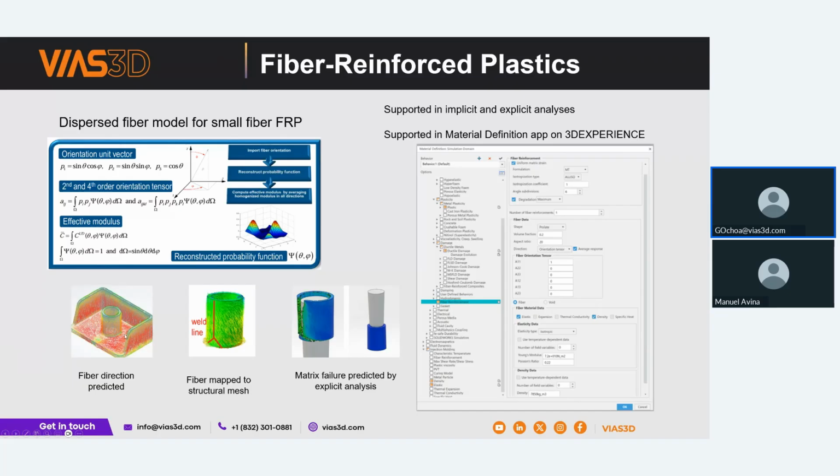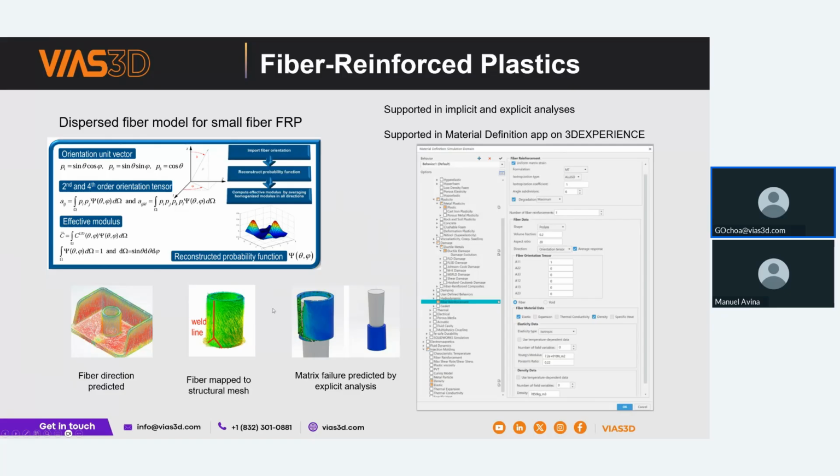Then this is mapped to a structural simulation mesh. In this image, this is just a portion of the entire model. As an example, it doesn't have to be the same mesh. We can only take a portion of the model, and the fibers will be mapped. In this example, we're also mapping a weld line. That's also possible. I'm going to talk about this in detail later.